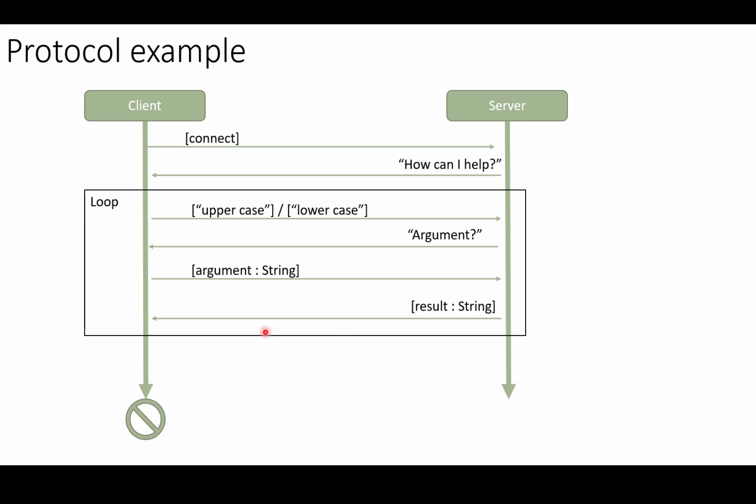Now this here, I could put that in a loop. So I say the client should keep doing this, and the server should then keep expecting this until at some point the client sends the stop message, and that will terminate the client, and it will make the server go back and expect the next client.